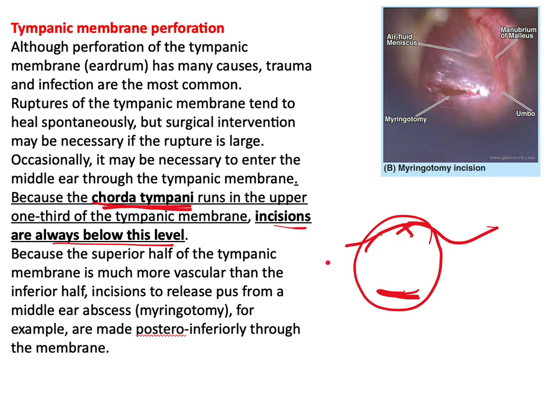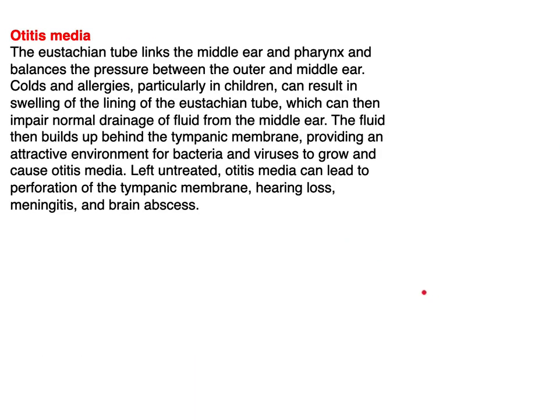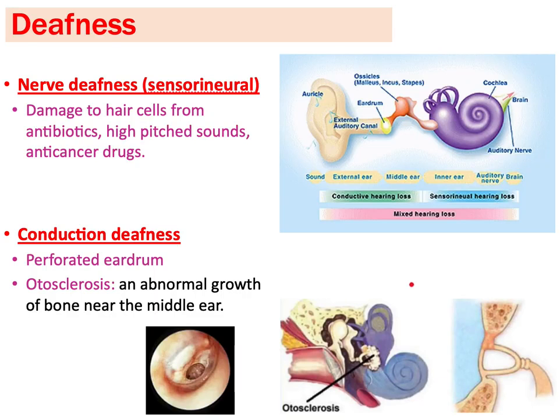So incision for release of the pus, if there is pus here or inflammation, is done in the posterior inferior part of the membrane. You can read about otitis media, and how it's connected with the Eustachian tube and these clinical conditions.